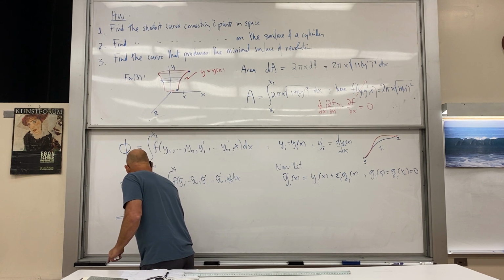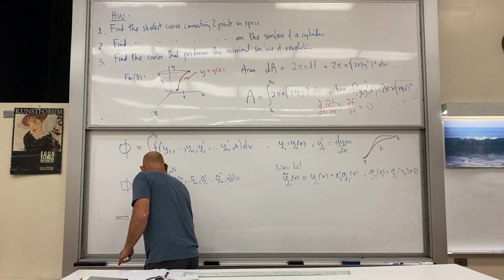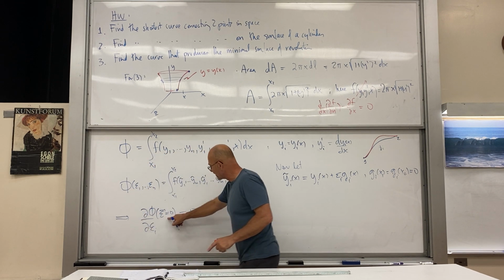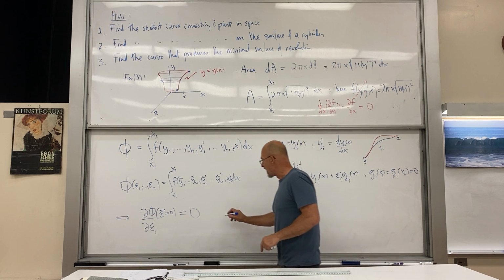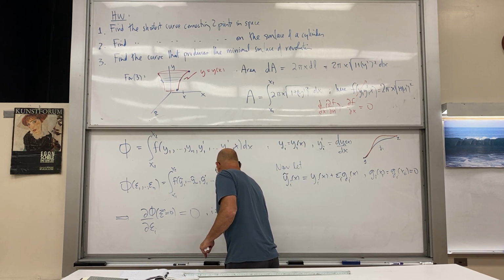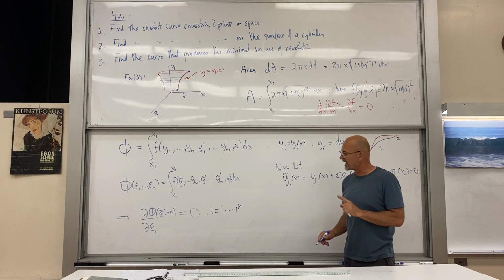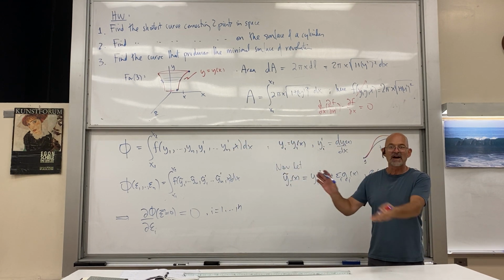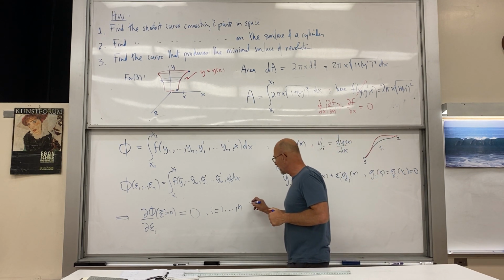This means that d phi d epsilon sub I evaluated at epsilon equals 0 is equal to 0 for I equals 1 to n, and that just gives us that calculation we already did n times. They're all exactly the same. So we've done it already.